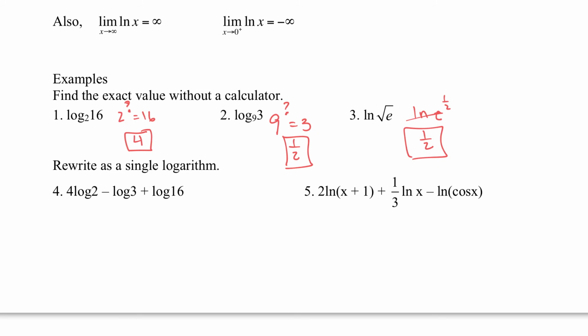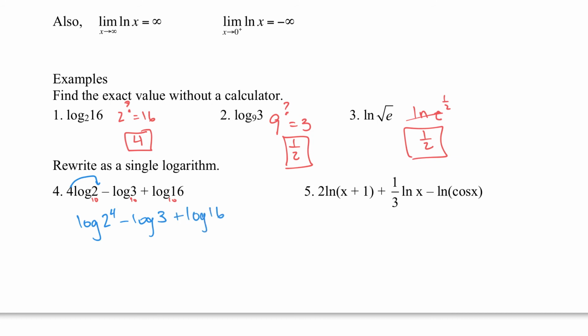Okay, rewrite as a single logarithm. So we need to combine these. Since these are all base 10, this is going to make the process a lot easier. To combine them, I know that I have to put this out in front first, because I need these all to look just like log base number. This is base 10, so I'm not worried about it. This is log base 10 of 2 to the fourth minus log base 10 of 3 plus log base 10 of 16.